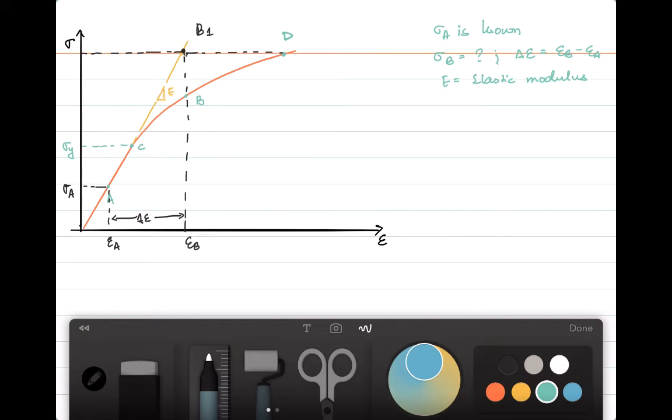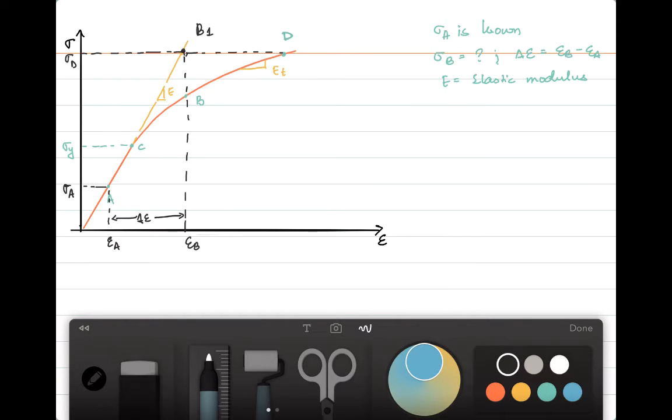Now let's also say that by material tests that we did, we also know that in this region there is a tangent stiffness, a modulus given as ET. Now the stress at this point therefore can be written as sigma D because it corresponds to the sigma at the point D along this curve.